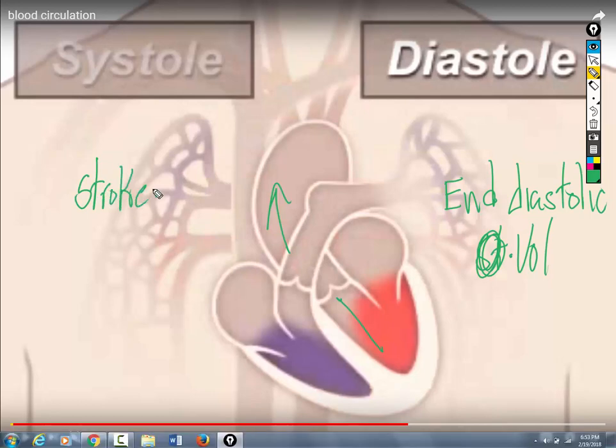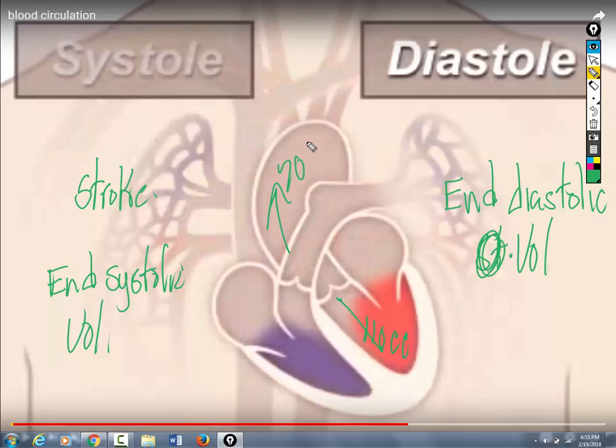And now you're left with a certain amount of blood in the left ventricle after it contracts, and that's called your end systolic volume. Now, normal end diastolic volume in a normal average adult heart is about 110 cc's. Normal stroke volume is about 70 cc's. So doing the math, 110 minus 70 equals 40. So your end systolic volume is 40 cc's. Tell me you got that.